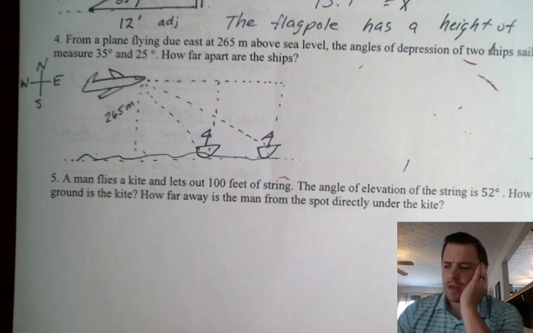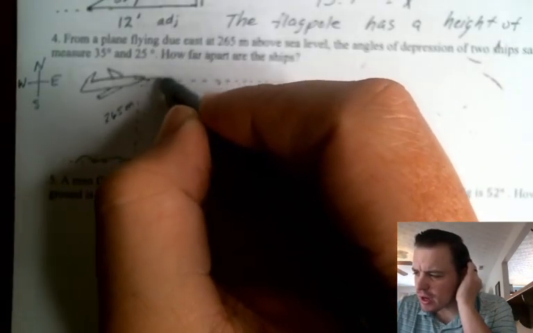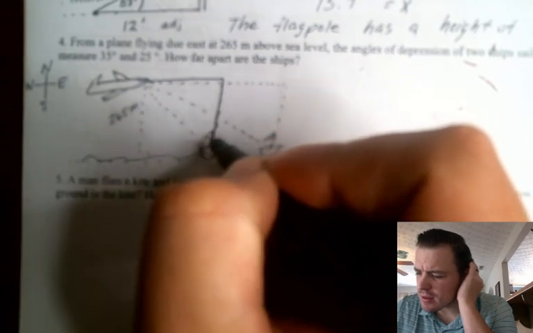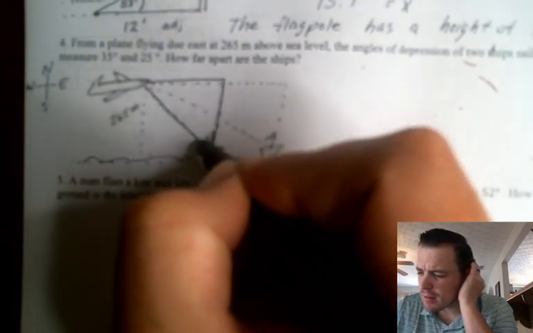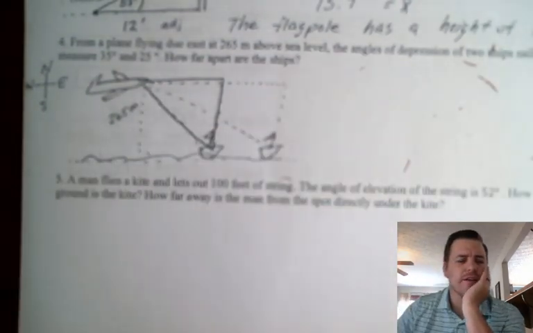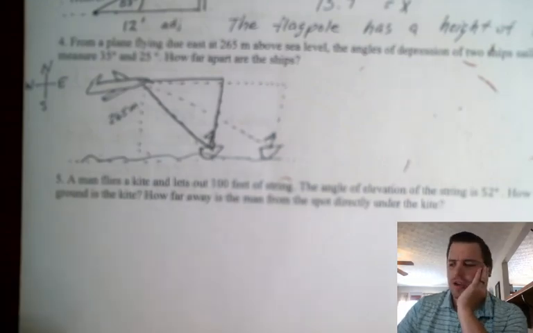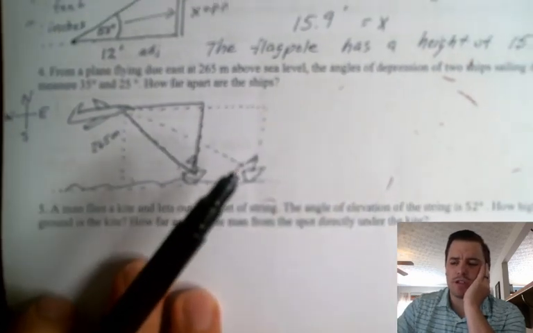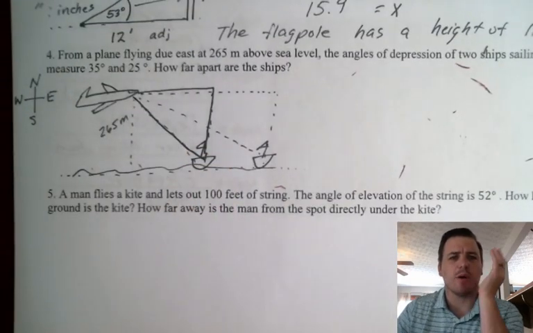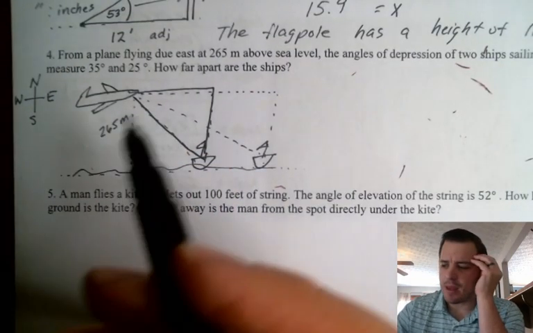So, let's work this first triangle first. All right, let's work this one right here first, guys. Notice it didn't tell us which one was 35 and which one was 25, but we should know that.